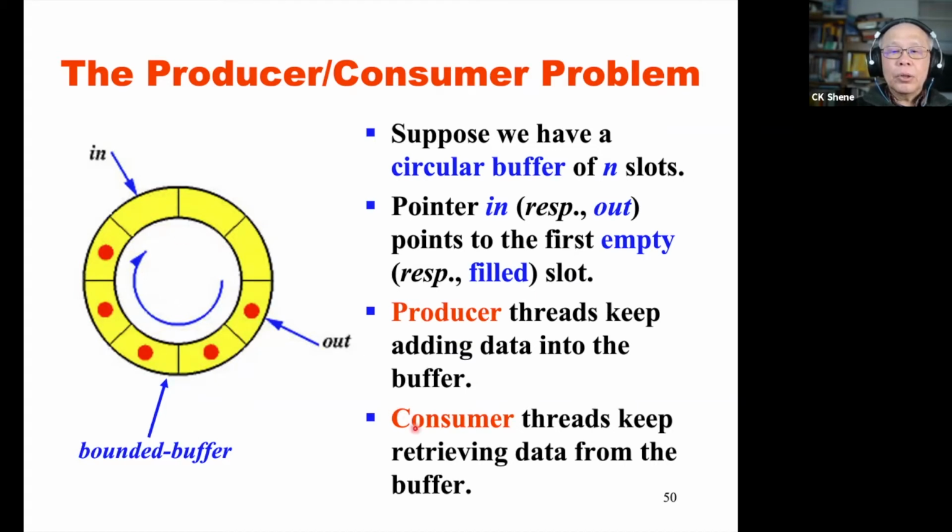A consumer thread keeps retrieving information out of the location out. Of course, after the producer adds something to this location, we have to move the in pointer to the next location. By the same reason, after a consumer successfully retrieves information out of the out location, the consumer must move the out pointer to the next one.